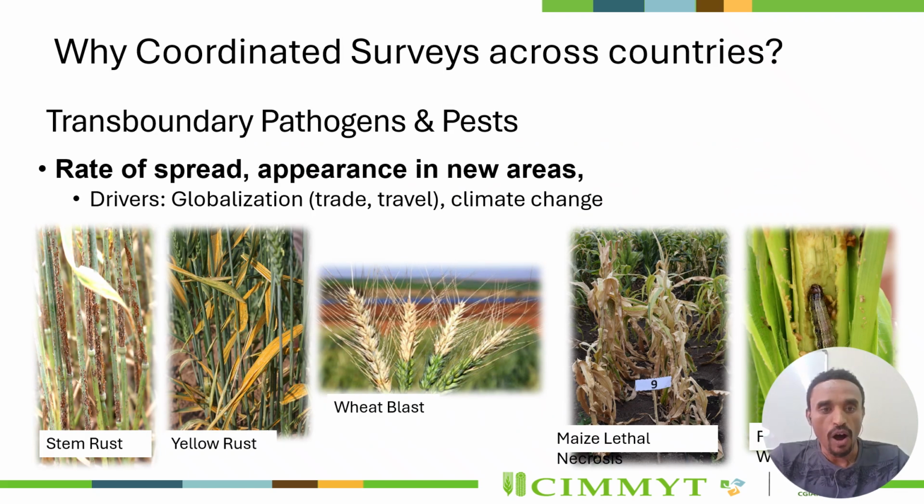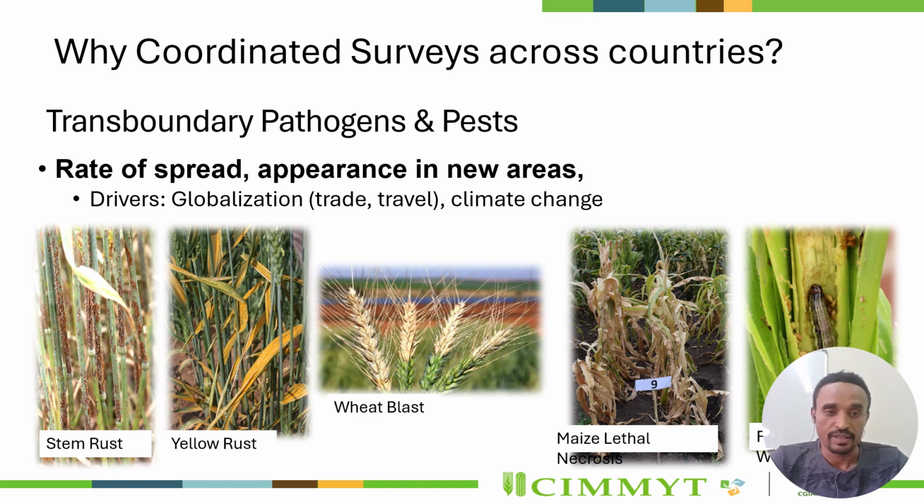So why do we need coordinated surveys across many countries? The main reason is plant pests are not limited by human-made boundaries. They cross boundaries with no need for specific travel documents.